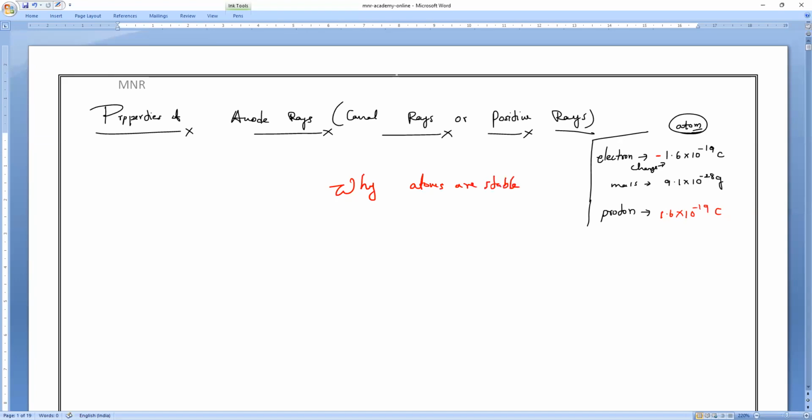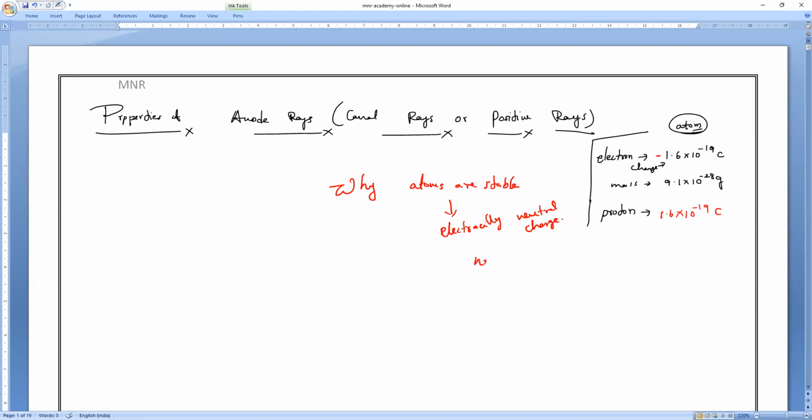And what is the charge of atoms? Atoms are electrically neutral in nature. They do not have any positive charge or negative charge.